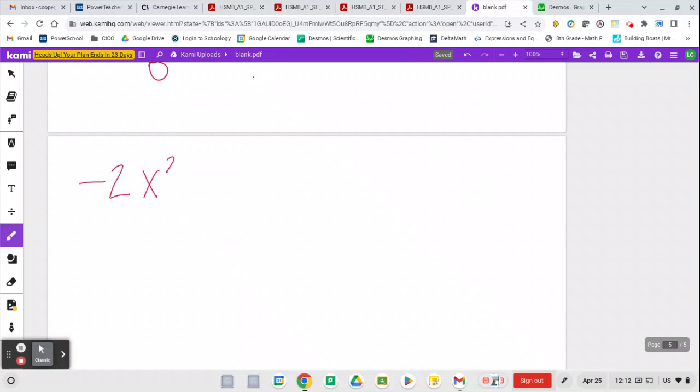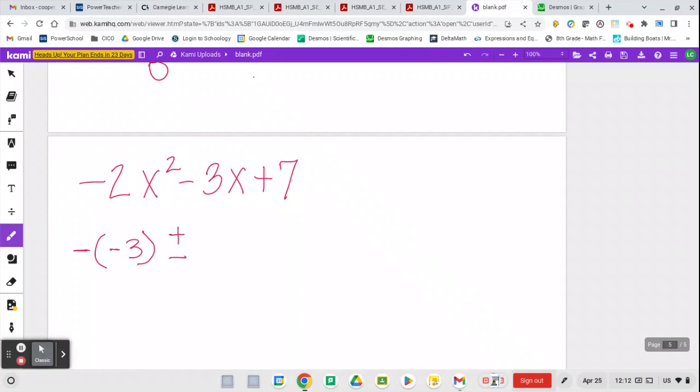Negative 2x squared minus 3x plus 7. Okay. So we have negative b, so we have a negative, and then for b, it's negative 3. Would you guys agree with that? And we have this plus or minus.